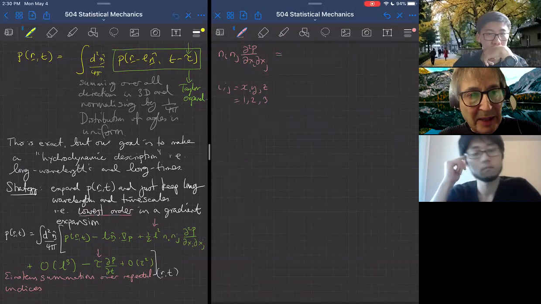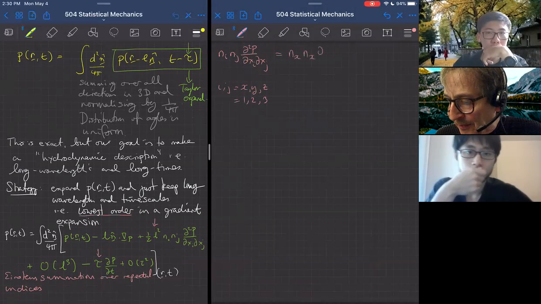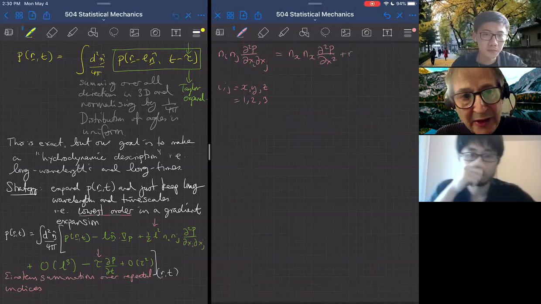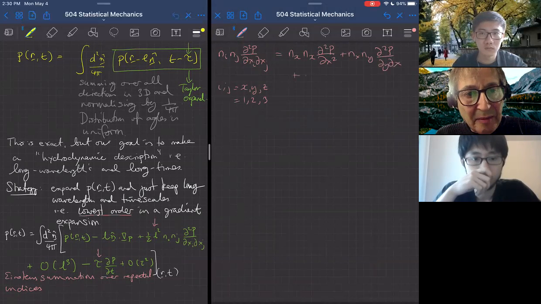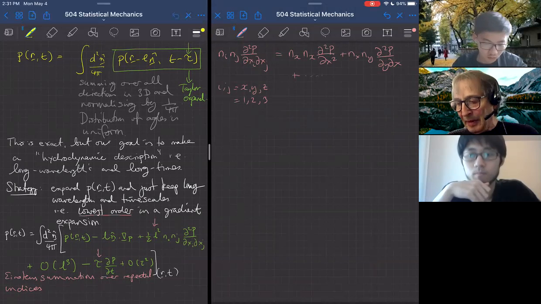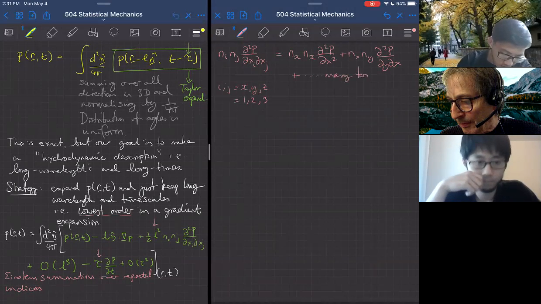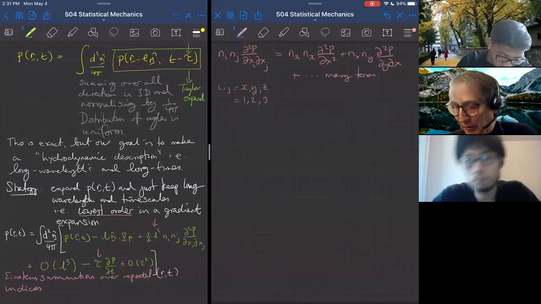And this means simply nx nx d2P by dx squared plus nx ny d2P by dy dx plus blah blah blah, a whole bunch of terms. Okay, so that's what this means.